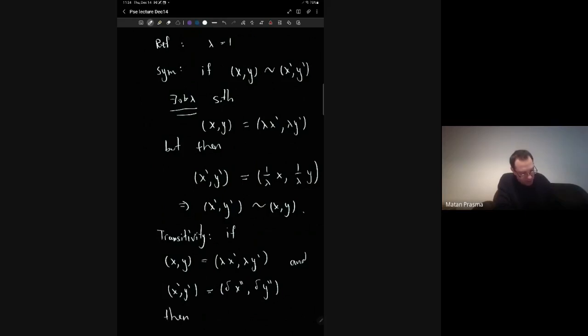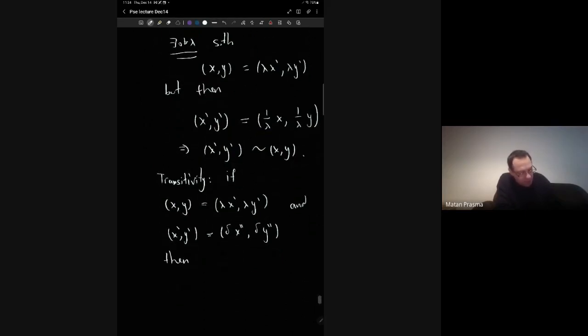Then, if I simply substitute, instead of x prime, y prime, delta x double prime and delta y double prime, I get that xy is equal to lambda delta x double prime, lambda delta y double prime.